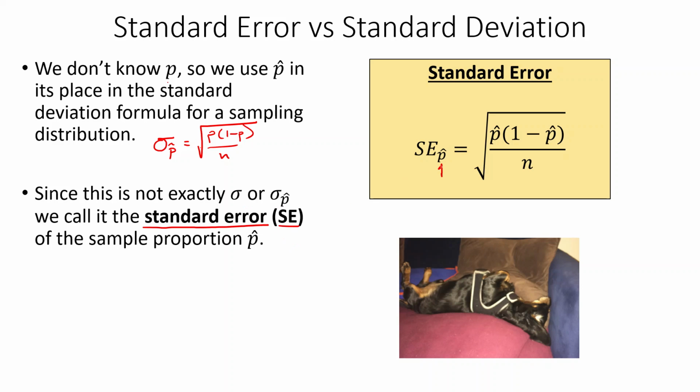We put a little p hat, SE of p hat, which tells us we're working with p hats. We have one for means as well, we'll go over that next time. This is now called the standard error instead of standard deviation. It's part of the margin of error. That's why we call it error. It's not because we did something wrong.